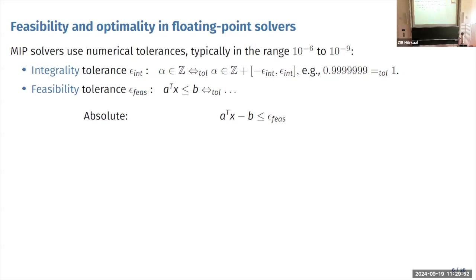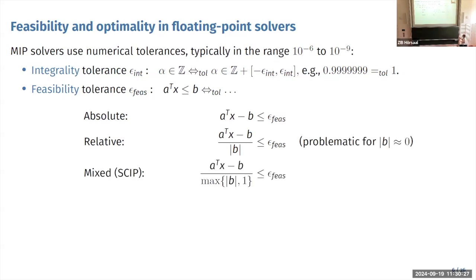So you could also come up with the idea to use something of a relative tolerance, right? I'd only want to be some small factor of the right-hand side larger, 10 to the minus 6. So the violation here, normalized by the absolute value of B, should be at most this epsilon. However, this is of course problematic as soon as B becomes very small, right? If B becomes close to 0, equal to 0, then this definition will not work.